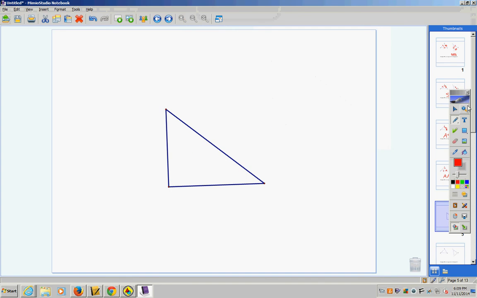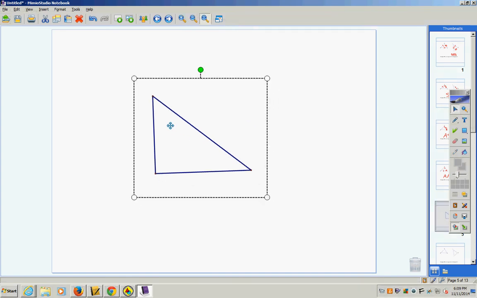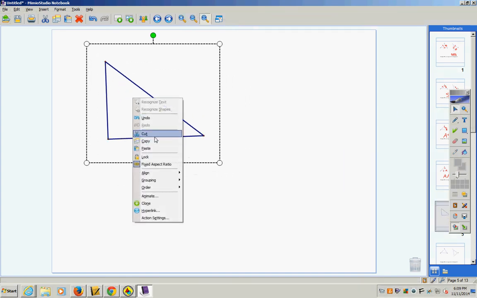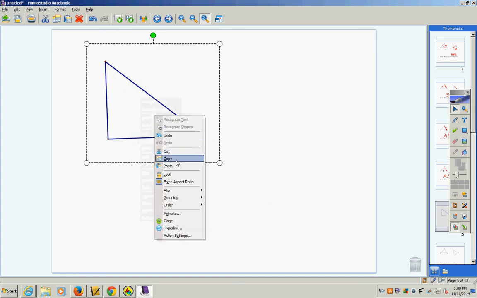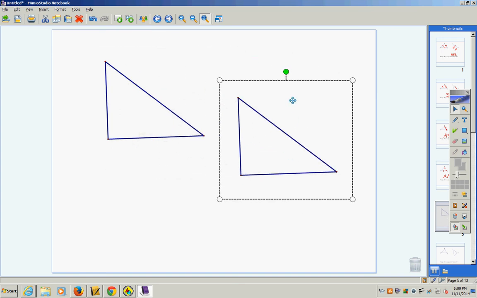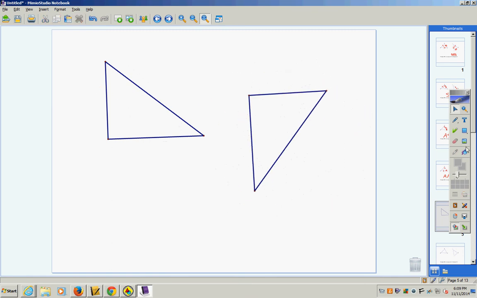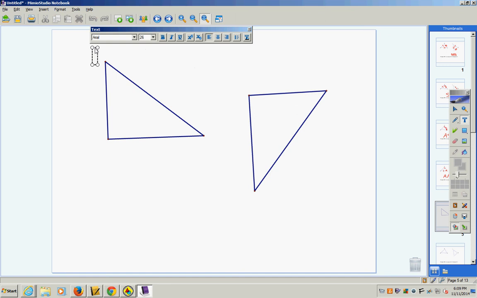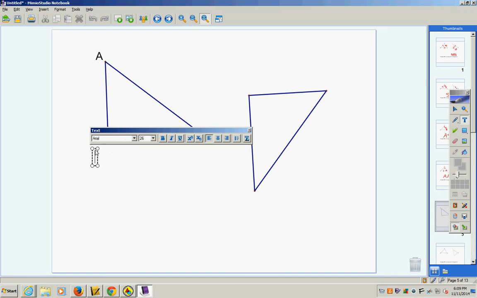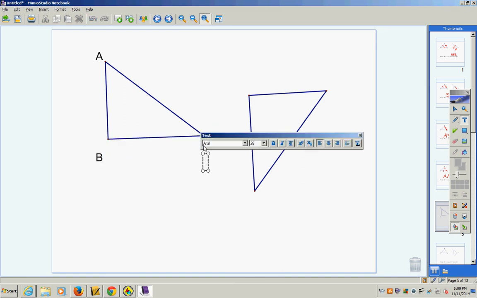Okay, now I have a right triangle, right? I'm going to copy it, paste it. I'm going to turn this one a little bit so they're a little different angles. And I'm going to label them just like I did before. So this is A, B, C. Why do I use A, B, C all the time?